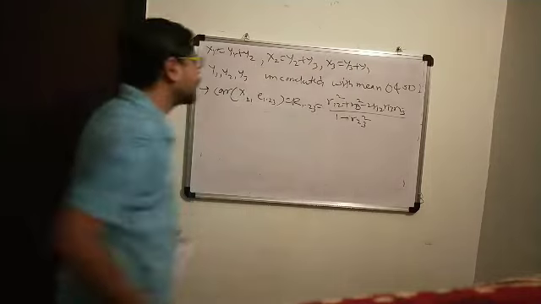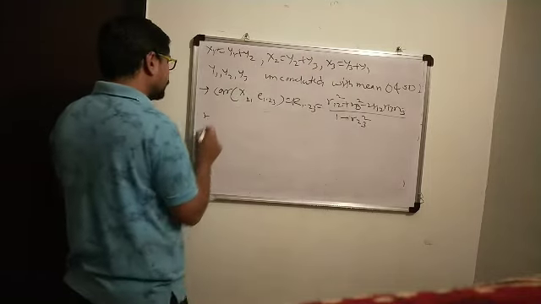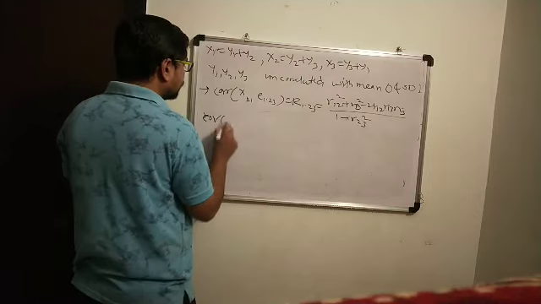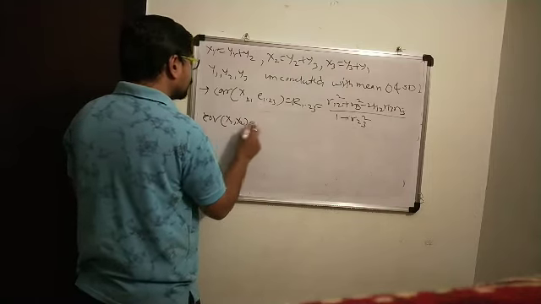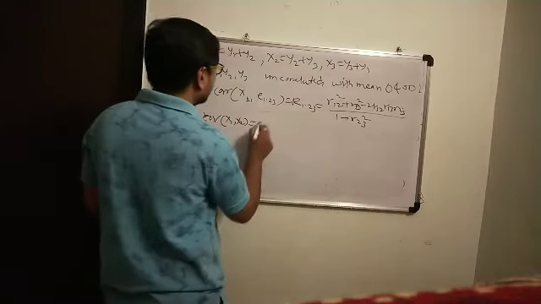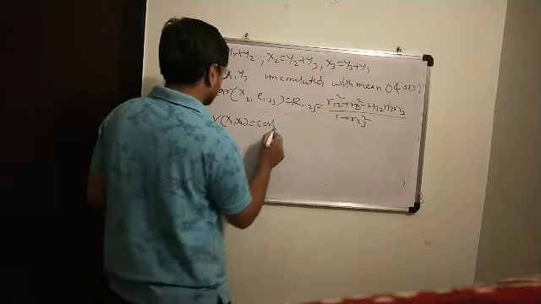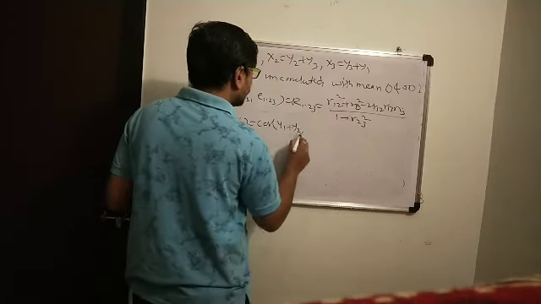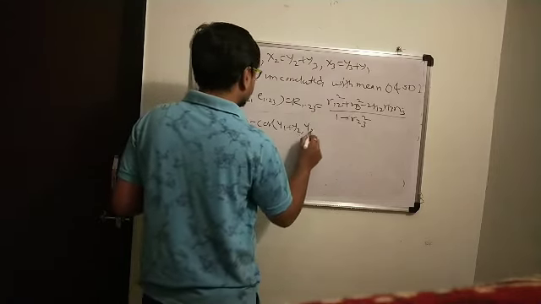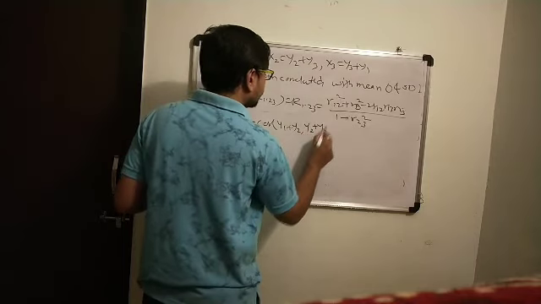So we have to find R12. Before finding R12, I have to find the covariance between x1 and x2. Covariance between x1 and x2 is the covariance between y1 plus y2 and y2 plus y3.